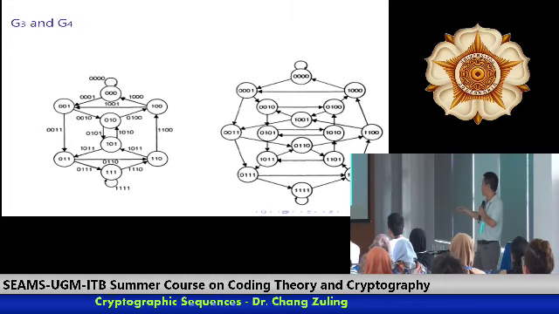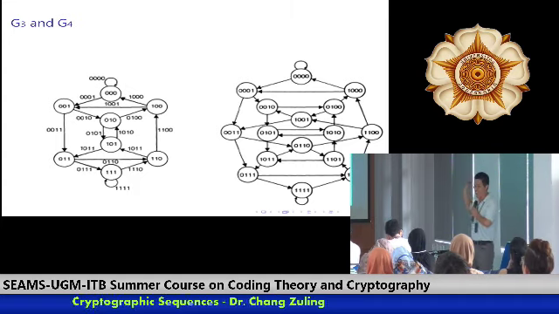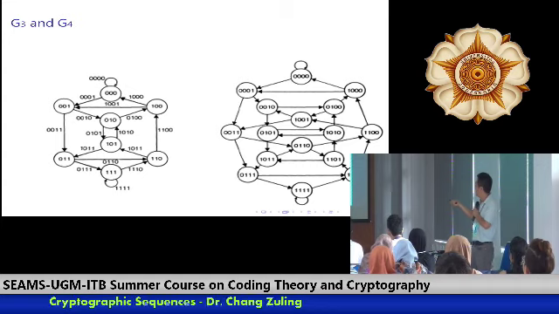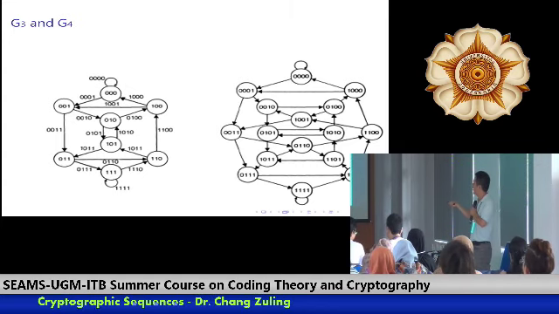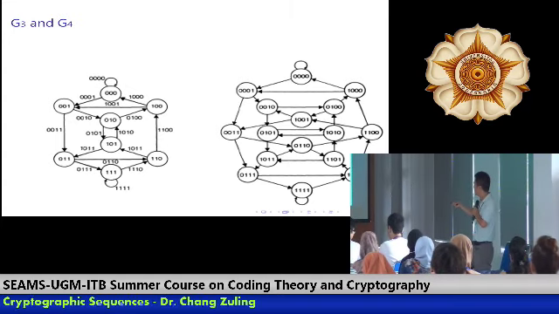G4 is too complicated, and so are G5 and G6, so we just look at G3. Each state is a 3-stage state, length 3, and each edge is labeled with length 4.